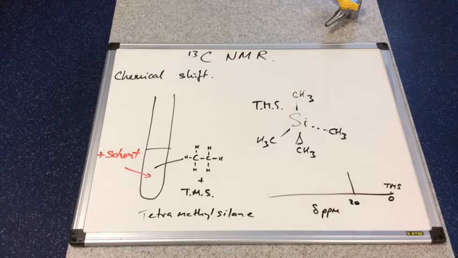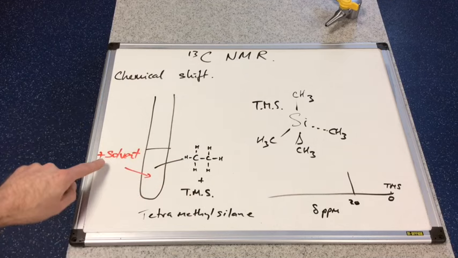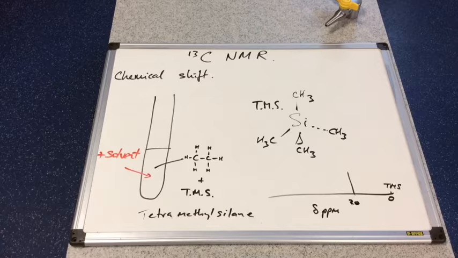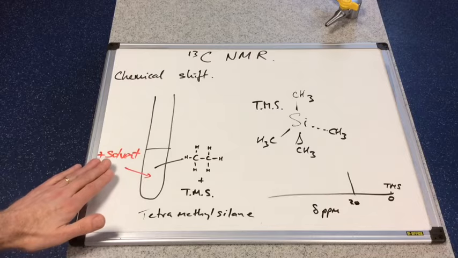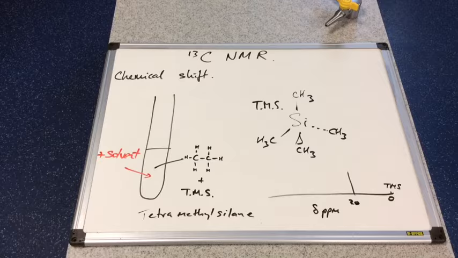I did say I would mention the solvent, so we'll talk about that now. The sample would be with TMS and it would be dissolved in a solvent. And so the solvent that you choose, you don't want that to give a signal, otherwise it's going to mess up your spectrum.